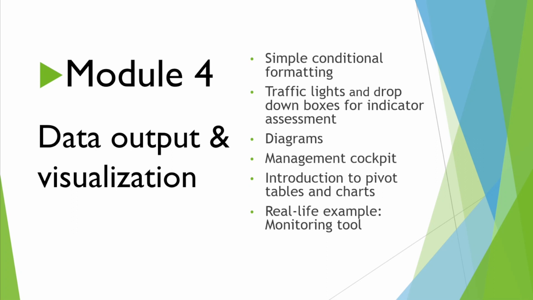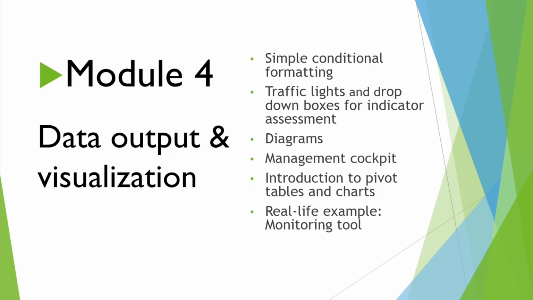In this module, you'll learn how to bring meaning to data using conditional formatting. You'll also learn how to visualize qualitative and quantitative indicator progress using traffic lights and drop-down boxes. We will also learn how to make clever choices of diagrams so that you don't even need legends for explaining them and can free your data output from unnecessary information.